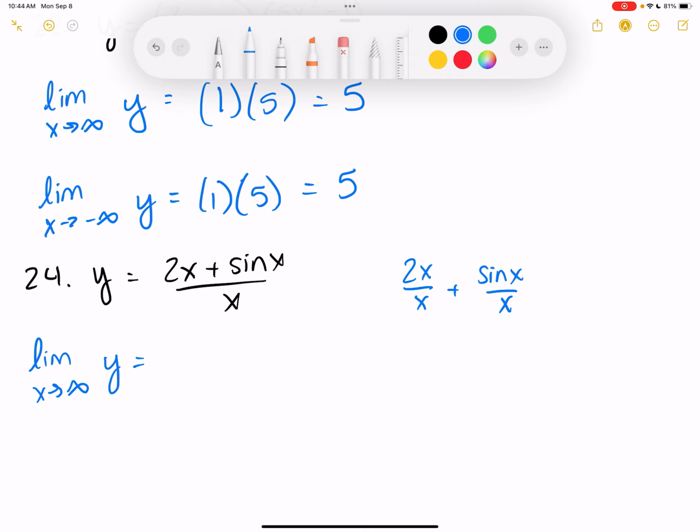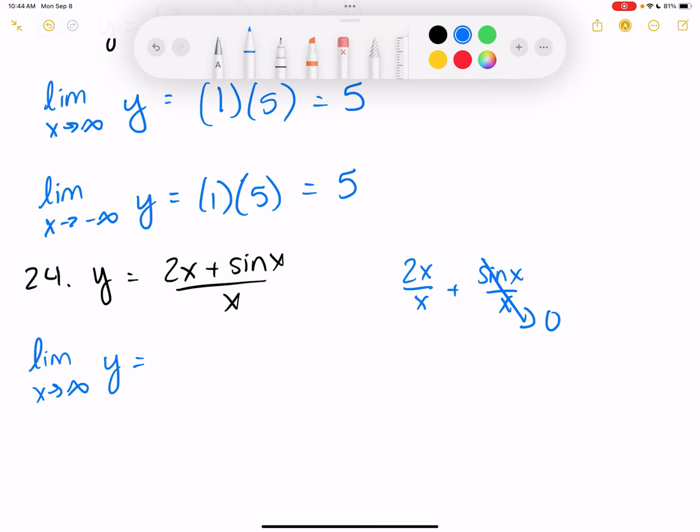Hold on. Now I'm questioning it. One second. Yeah, the limit as x approaches infinity of the sine of x over x is just 0. So that's going to 0. And so then the other one, when you cancel that stuff out, would just be 2.